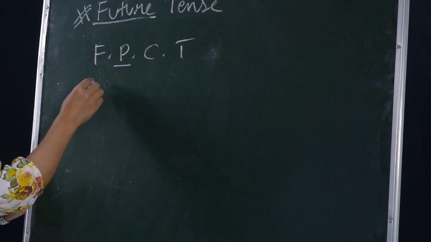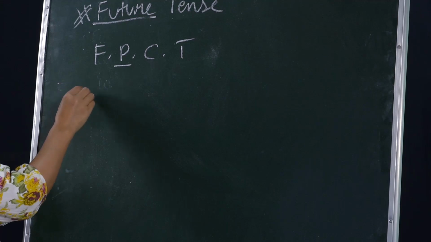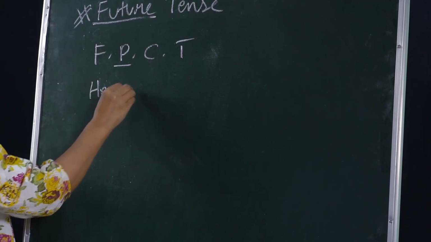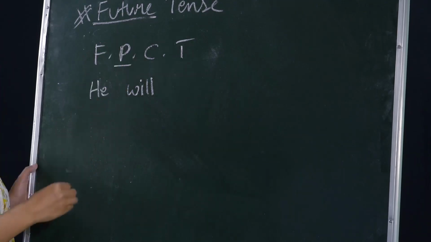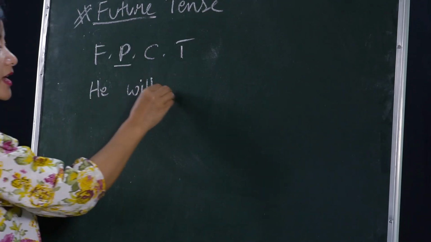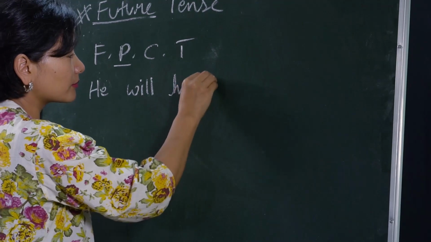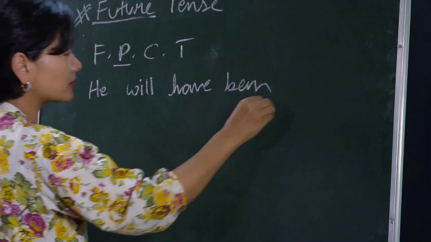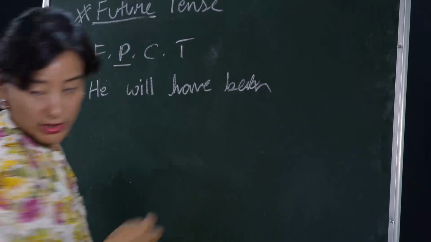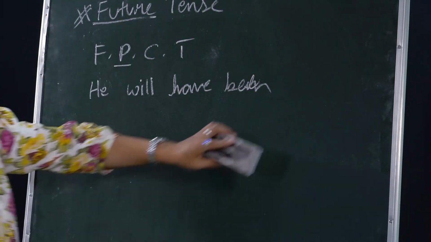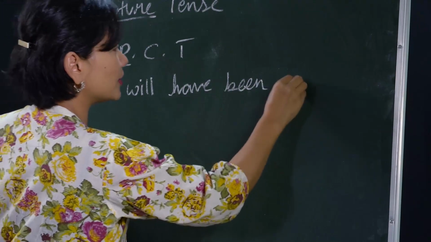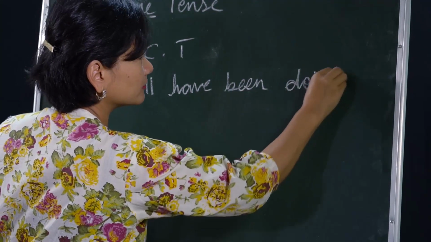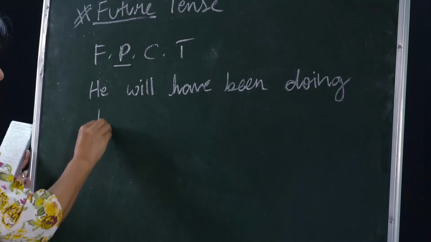Let's go with an example here. He will. Now remember, it is in the perfect tense, so we need a have or has. He will have been doing his homework.